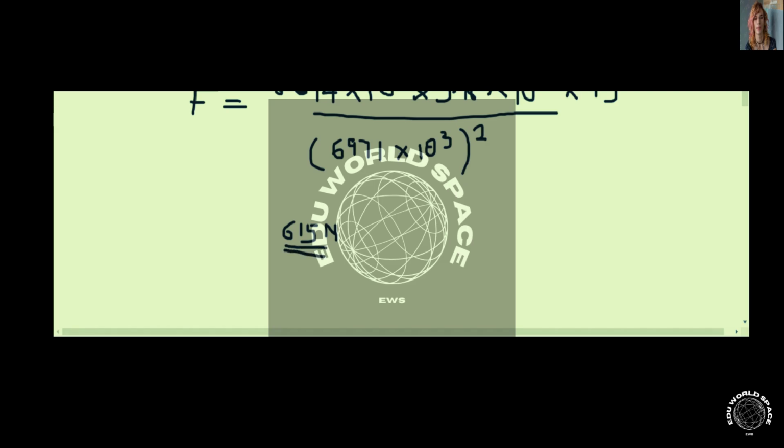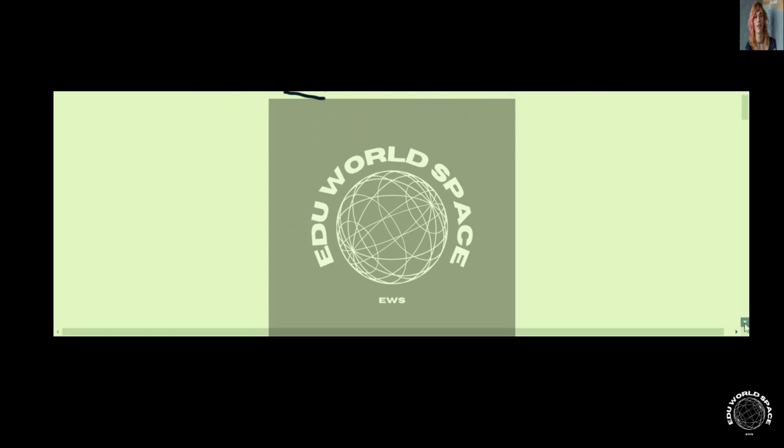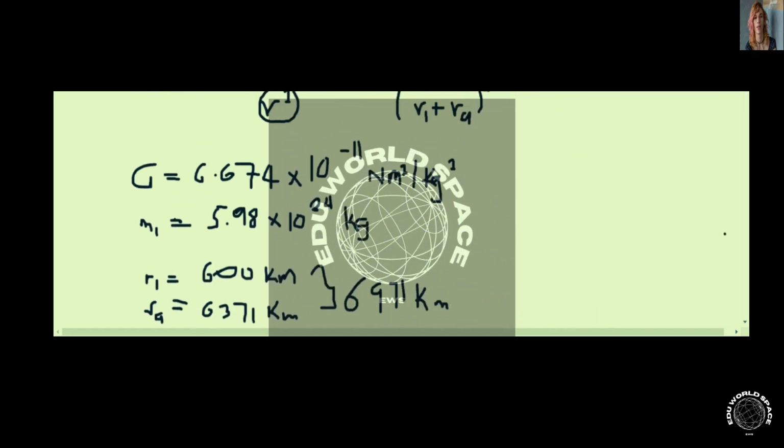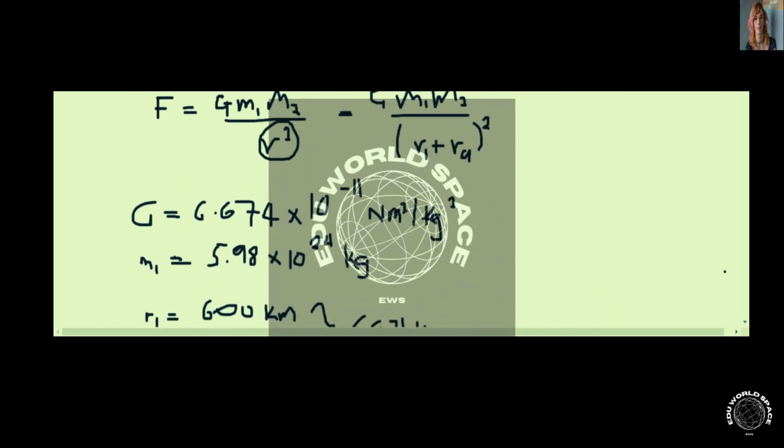This is the magnitude of the force, the attractive force between the astronaut and the Earth. Now what if the astronaut is on the surface of the Earth? How can we evaluate the magnitude of the force? From our equation, we realize that the separation between the masses is inversely related to the force of attraction between them.